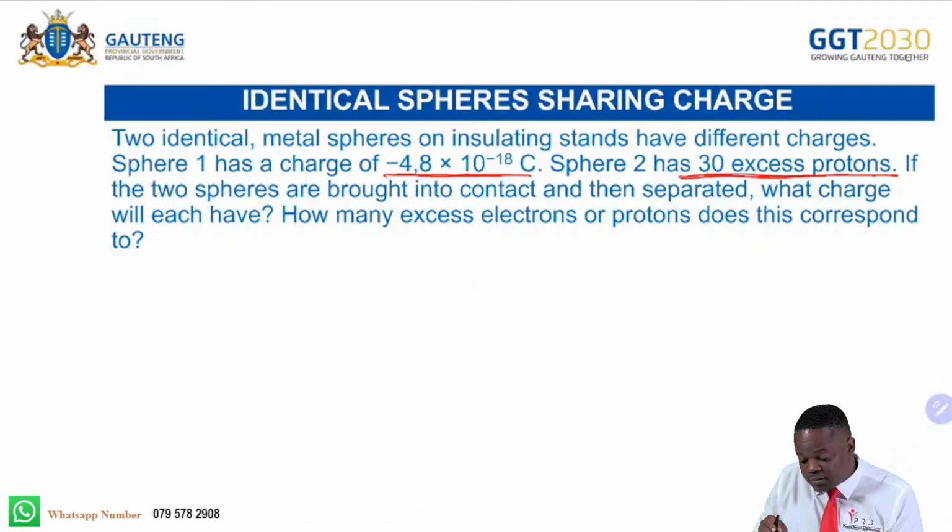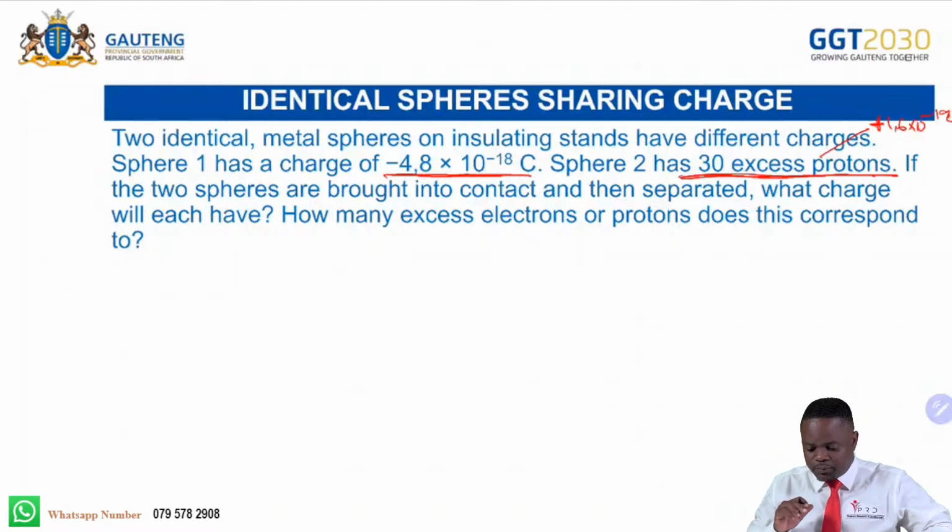Remember, protons are positively charged. So the charge carried by a single proton will be plus 1,6 times 10 to the power negative 19 coulombs. Now if the two spheres are brought into contact and then separated, what charge will each have? And how many excess electrons or protons does this correspond to?